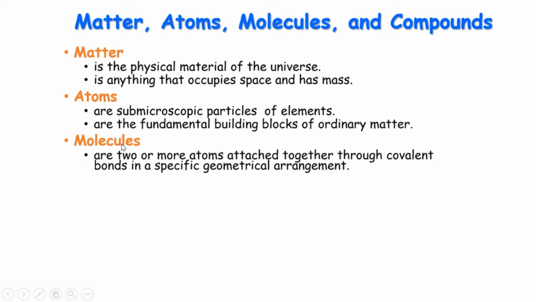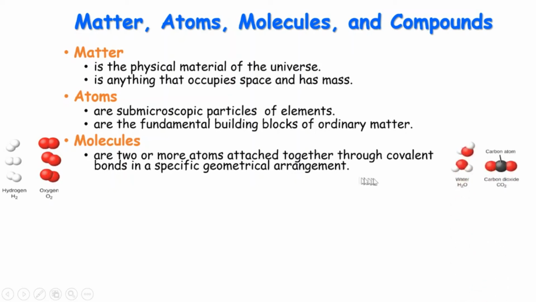Molecules are two or more atoms of nonmetals attached together through covalent bonds. For example, two hydrogen atoms form a covalent bond, and then hydrogen molecules are formed. So does the oxygen O2 molecule. We call those diatomic molecules because two atoms of the same element form the molecule.